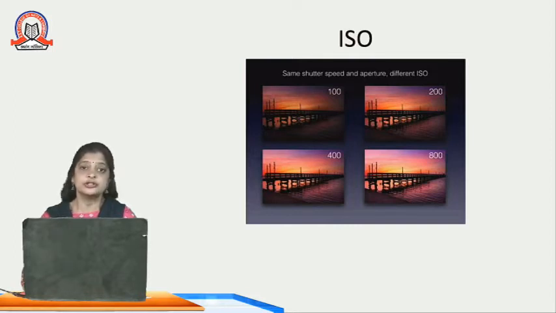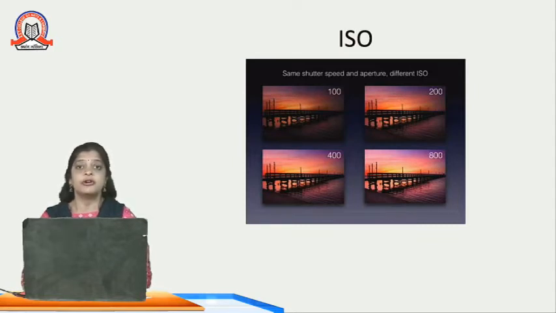This is very useful when the photographer is working in very low light conditions and the movements are very fast. At that time the photographers always use a high ISO setting. In olden times, the photographer had no choice on the camera gear. They had to use different types of films.